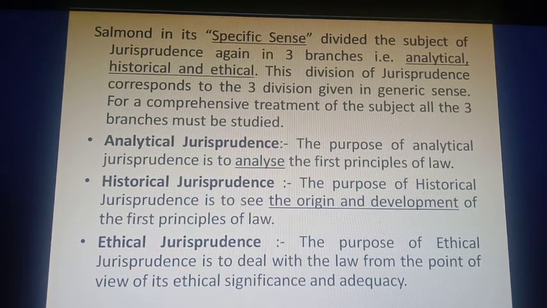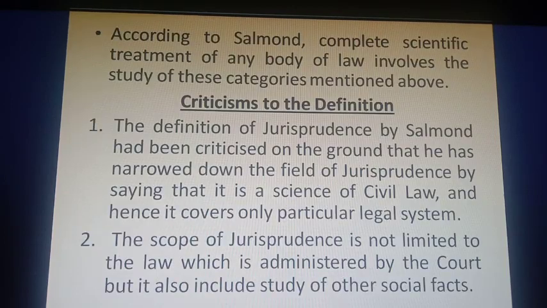The purpose of ethical jurisprudence is to see the law from the point of view of its ethical significance and adequacy. According to Salmond, complete scientific treatment of any body of law involves the study of these categories mentioned above. So this was the definition and classification of jurisprudence by Salmond.